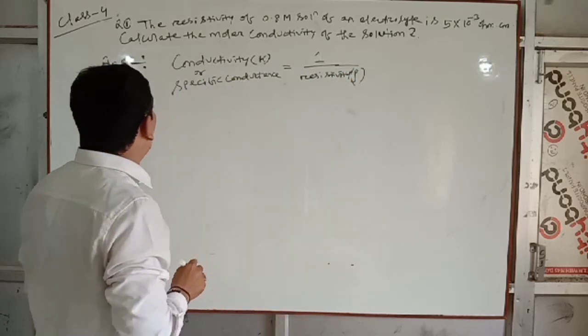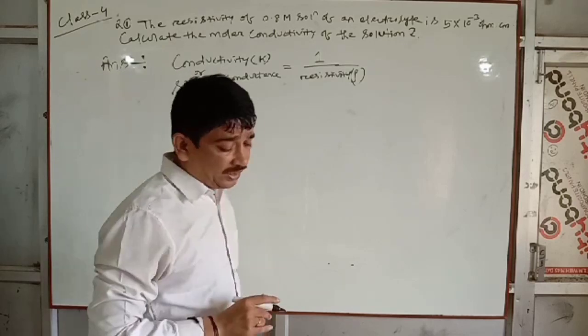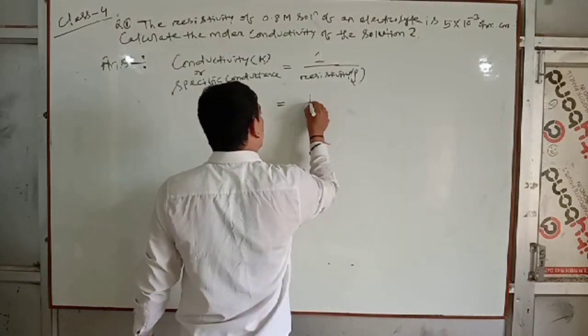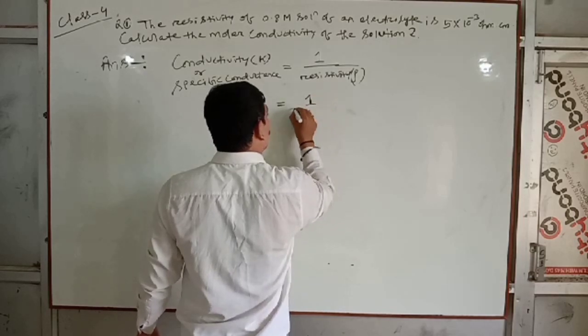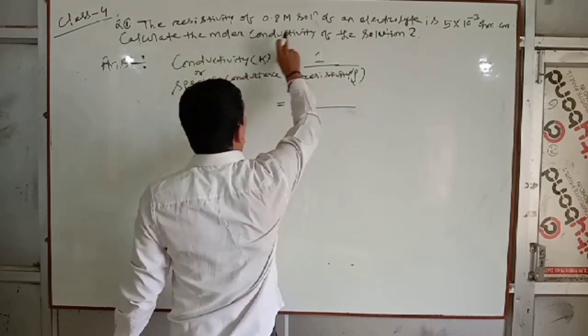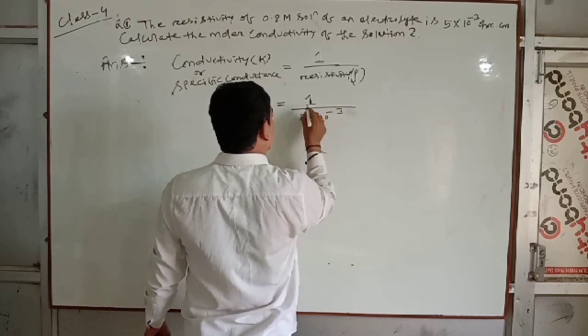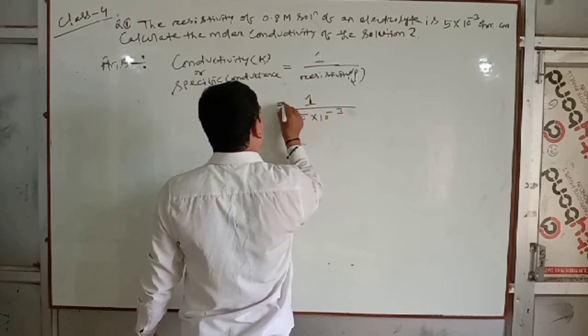So what is the resistivity rho given? 5 into 10 to the power minus 3.